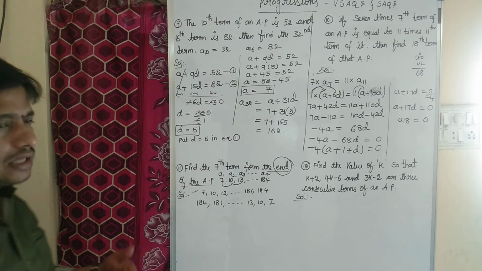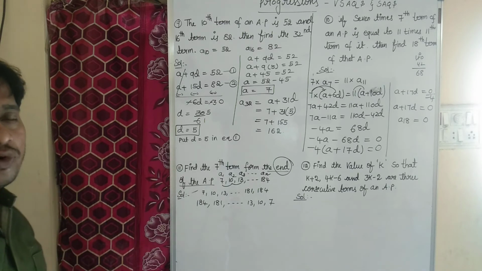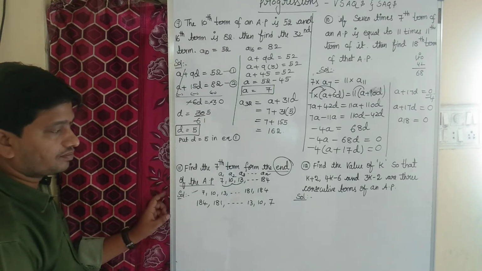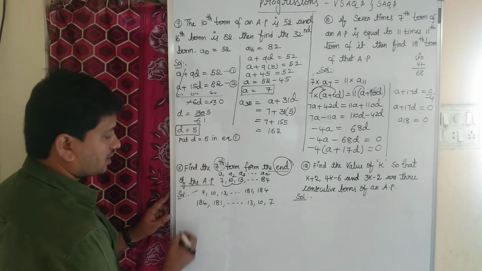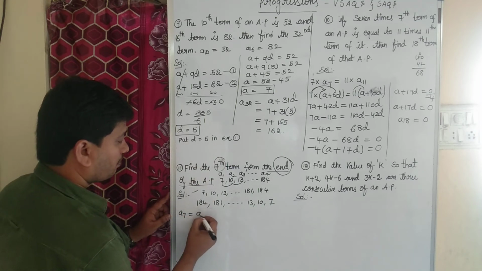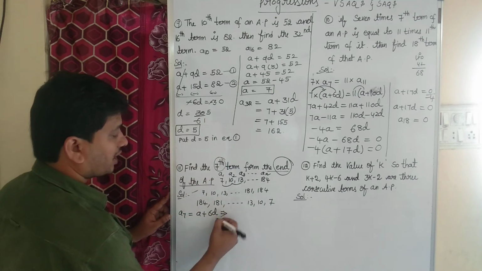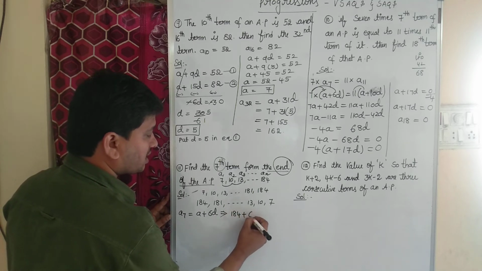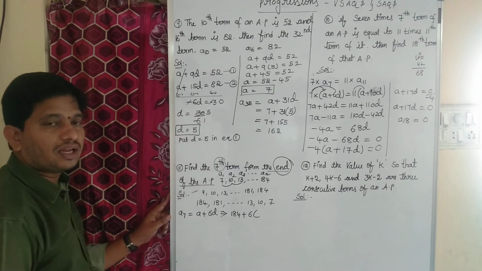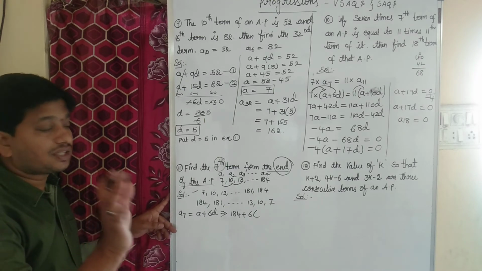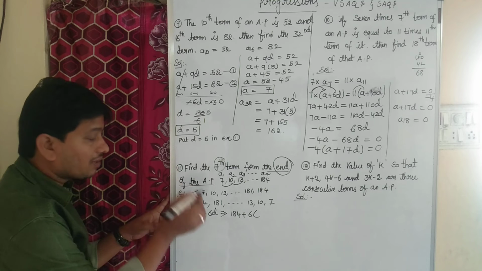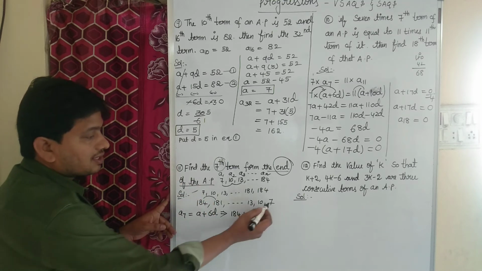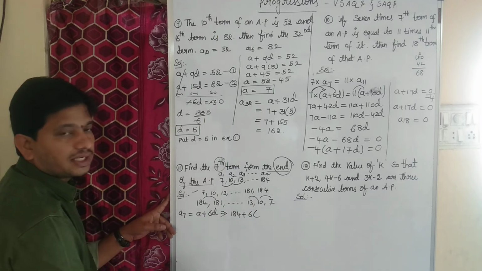Now as usual, in the same manner as previously, we have to find it here. So here the first term is 184 because they are asking for the 7th term. 7th term means A plus 6D, right? That implies 184 plus 6 into, can you say me what is the value of D? Your D value is not plus 3, it is minus 3: 181 minus 184, or 7 minus 10, or 10 minus 13.